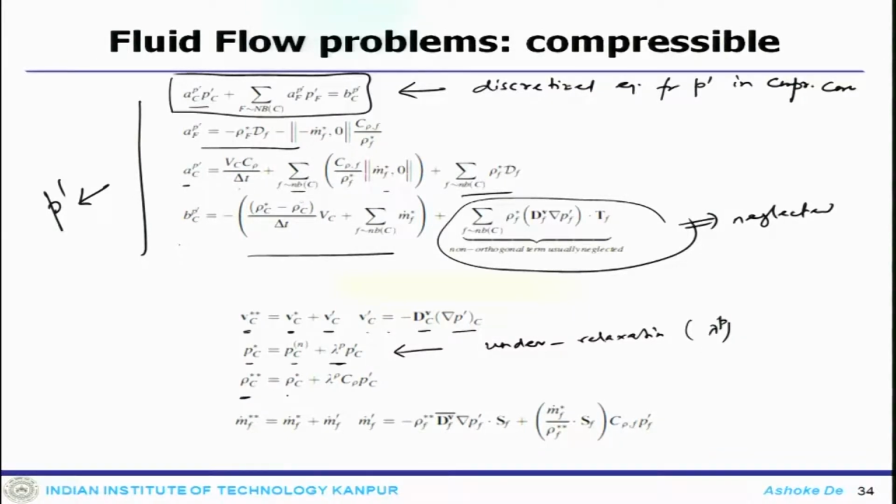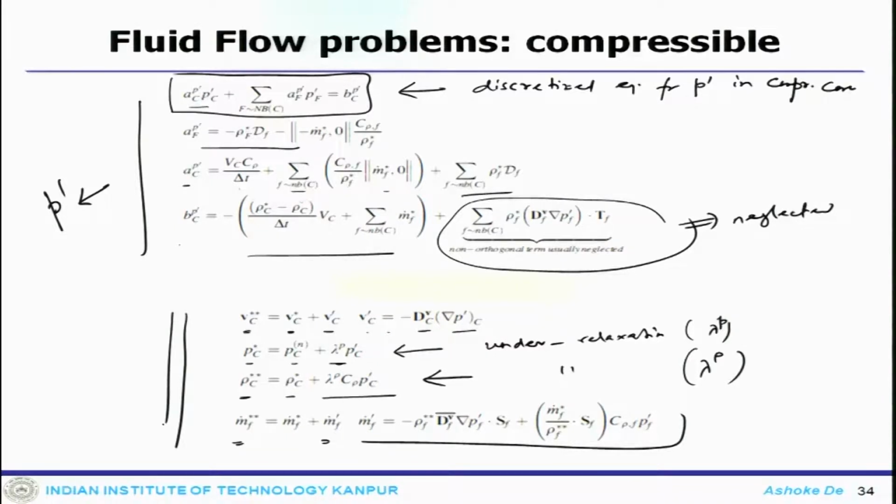Then rho c star star equals rho c star plus lambda rho, which is also some sort of under relaxation, and then finally calculate m dot f double star equals m dot f star plus m dot prime, and m dot prime is estimated like this. So, you have different under relaxation terms and you get the correction terms.